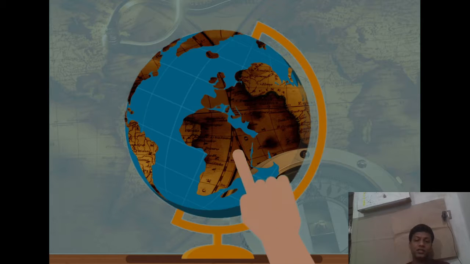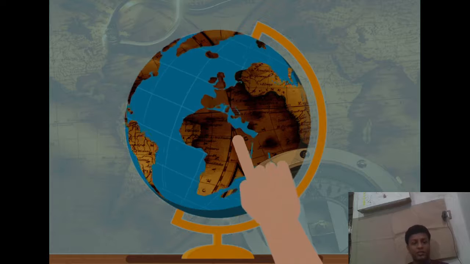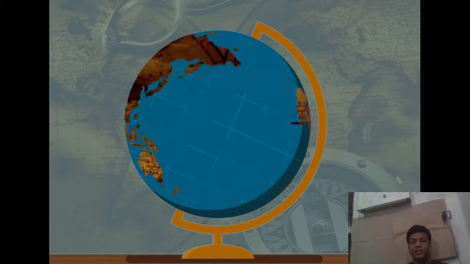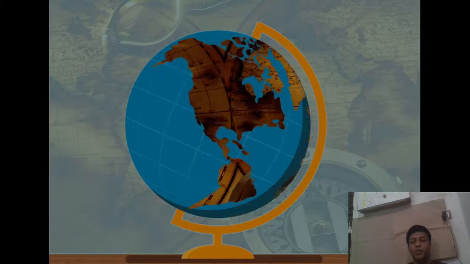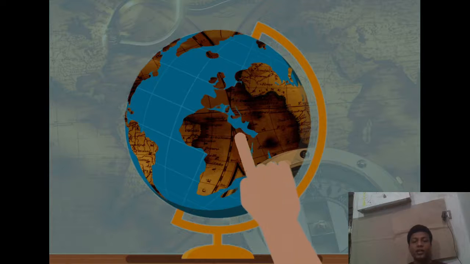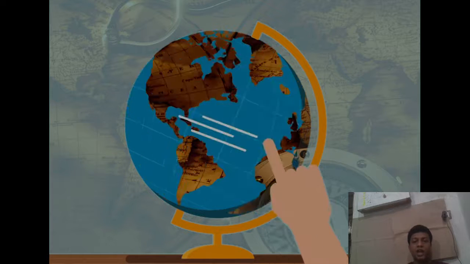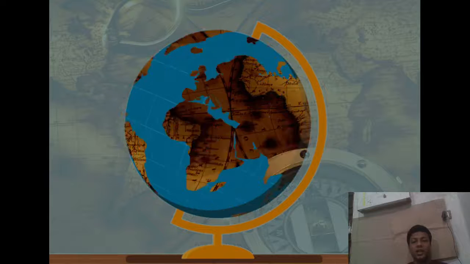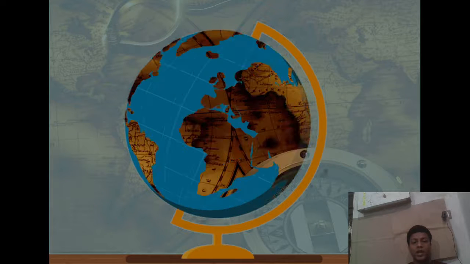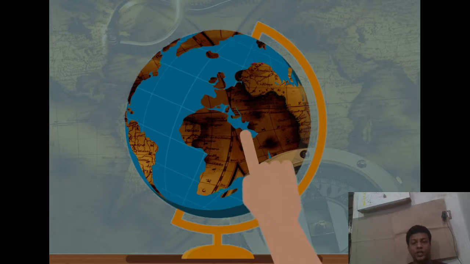Now, first we are going to discuss the Earth's grid. As you see in this globe, the Earth moves like that, and you can easily see the lines joining North Pole to South Pole and west to east.